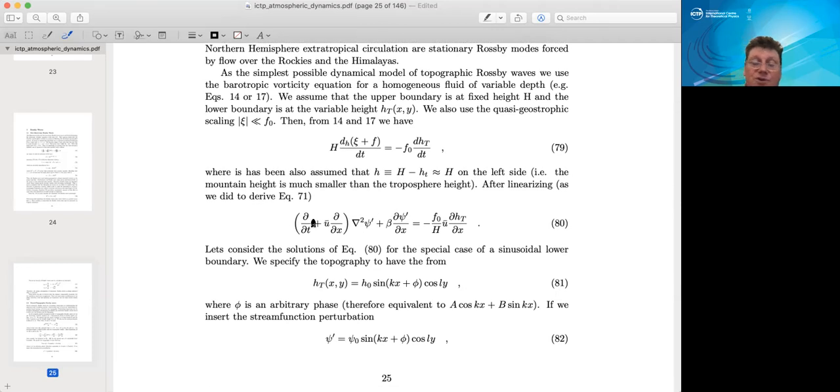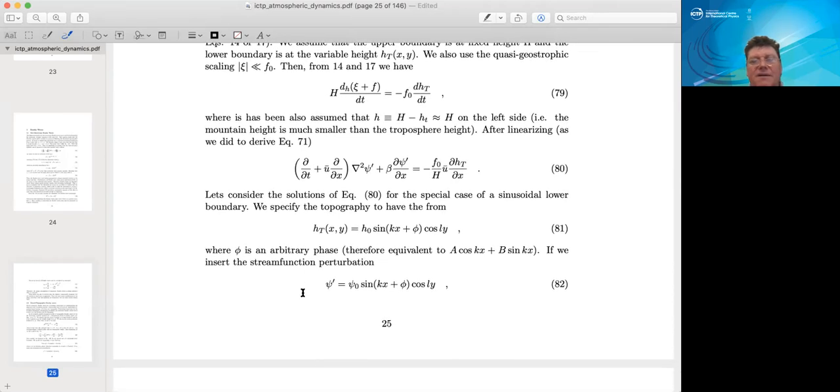And we also assume then that we are in a stationary state. So we want to look at the stationary solution over this mountain, once all the waves have propagated away, and the solutions may become stationary. So the time derivative is set to 0.